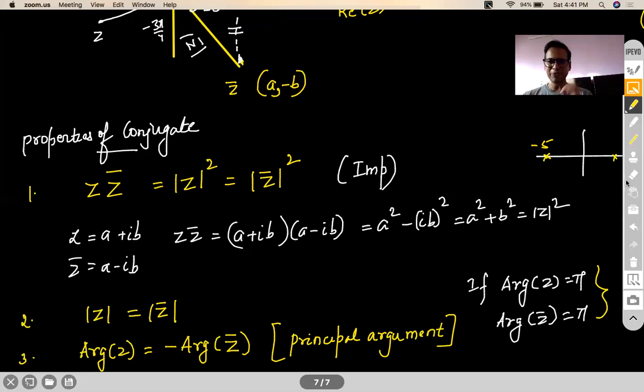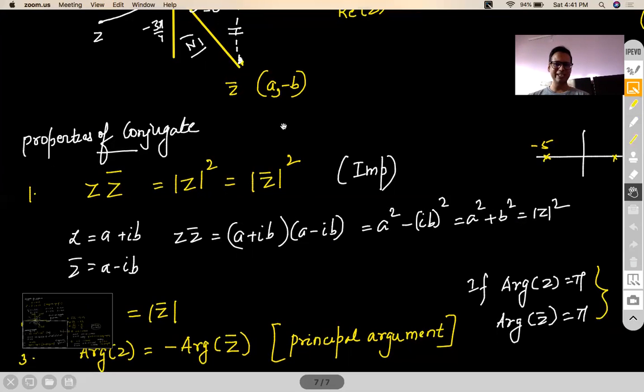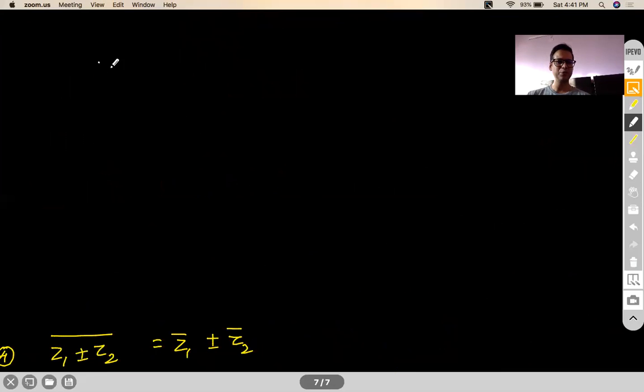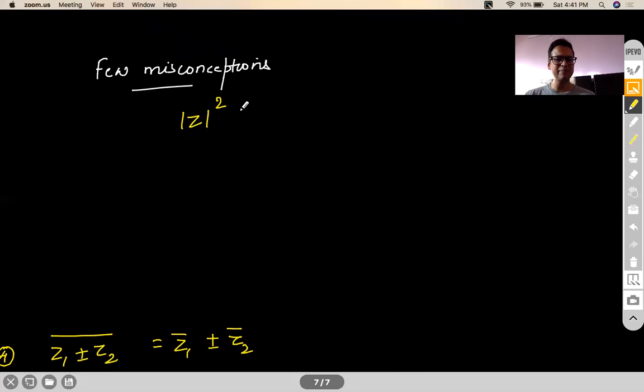All right. Now, few misconceptions which I would like to address over here. I don't know from where these misconceptions arise. Many people think mod z square is same as z square. Number one. No. Mod z square means you are squaring the modulus of the complex number, which is going to be a purely real quantity.